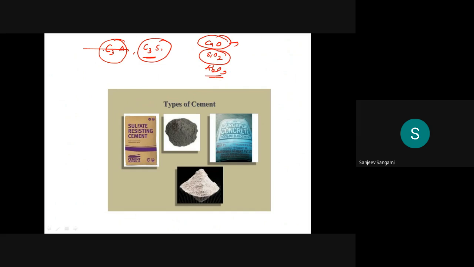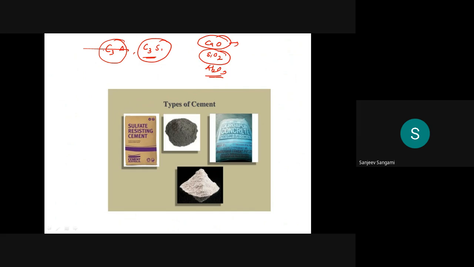Always remember some traces will be there. Always the Portland cement hardening we have discussed previously, and strength depends on the composition of the processed clinker.